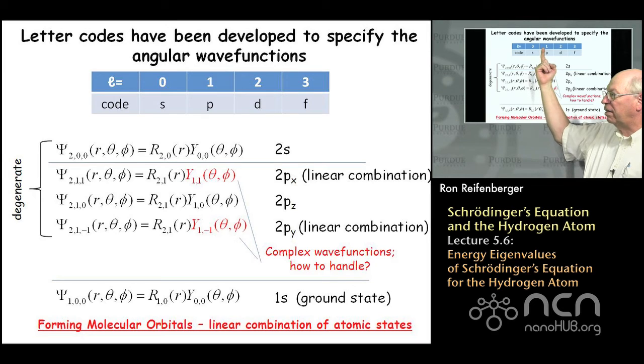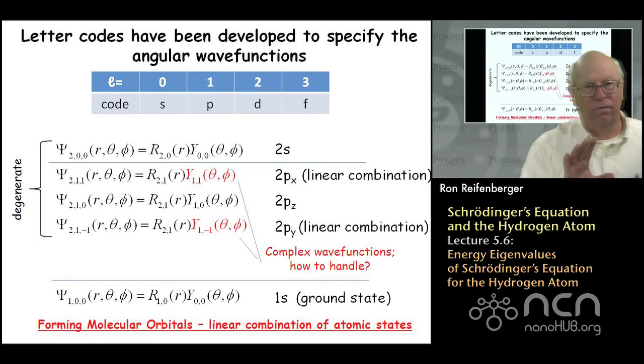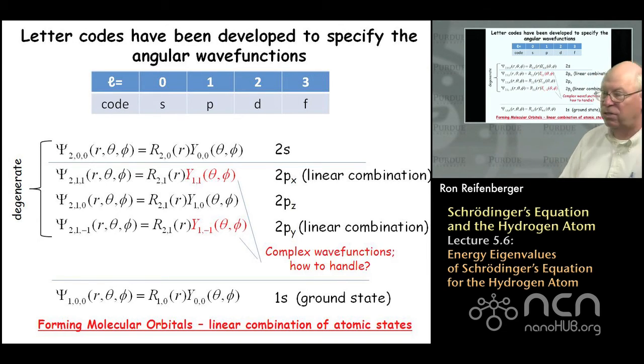They refer to electrons in the L=1 state as P electrons. When L is equal to 2, those are referred to as D electrons. And you can start now to write down explicitly the wave functions for electrons in each of these energy levels. All of these energy levels are degenerate because they all have the same value for n. In this case, n is equal to 2. There are some subtleties involved in the wave functions.